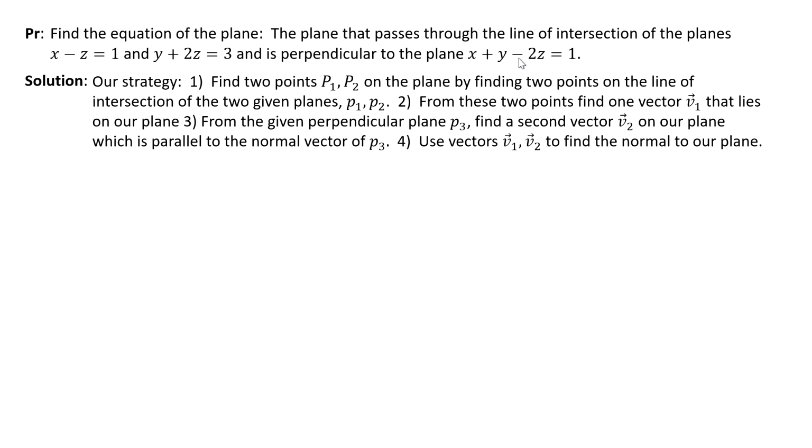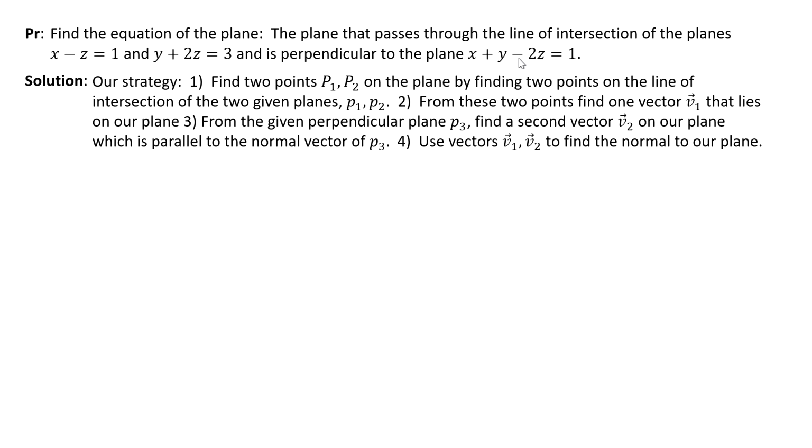P3 is a plane, and our plane is perpendicular to this P3, but P3 has to have a normal vector which is going to be perpendicular to that P3. And because that normal vector is perpendicular to P3, it must be parallel to our plane.